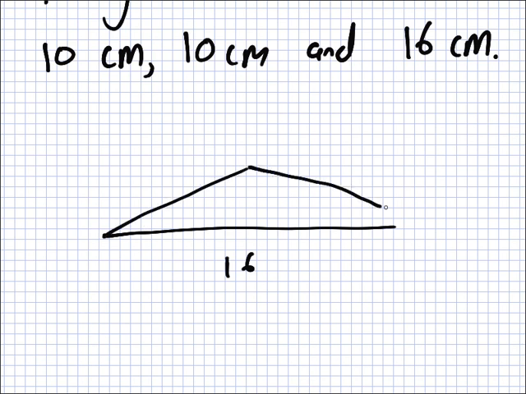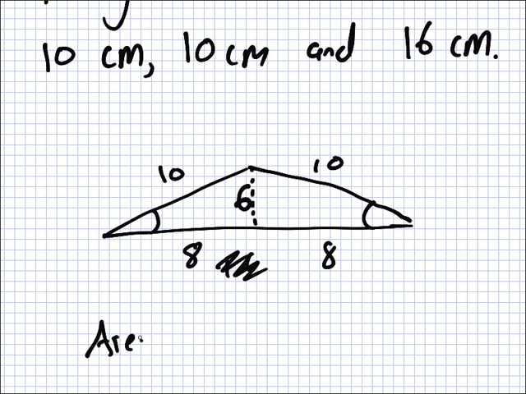So, what's this type of triangle called? Isosceles. Now, that angle's the same as that. That's a 10, that's a 10, and then you split that down the middle and make it 8 and 8. Now you have two right angle triangles, you can use Pythagoras. 6, and then the area is a half 8 times 6, isn't it?